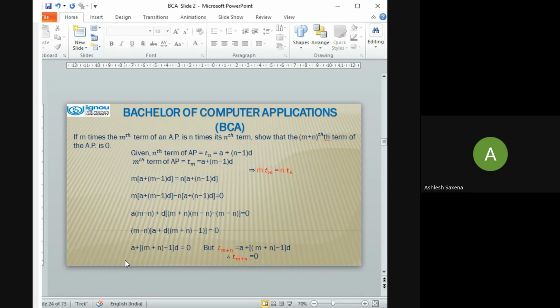Open it up. That doesn't make any difference because you have to prove it to be 0. So you can keep 0 on the right side and bring every part to the left side.